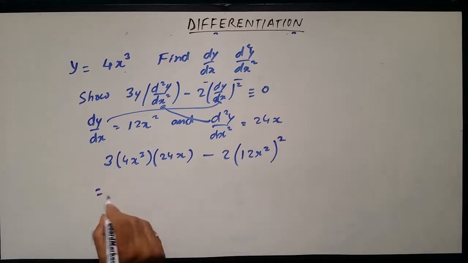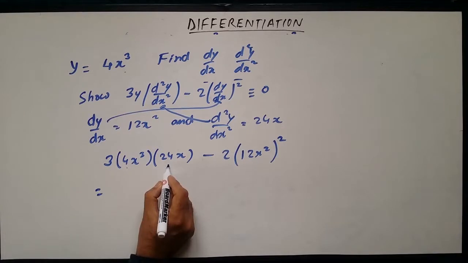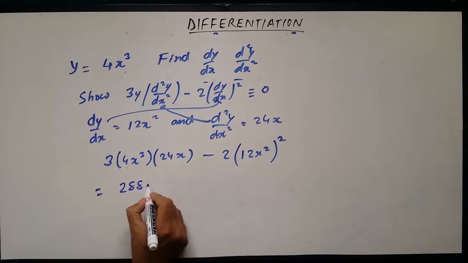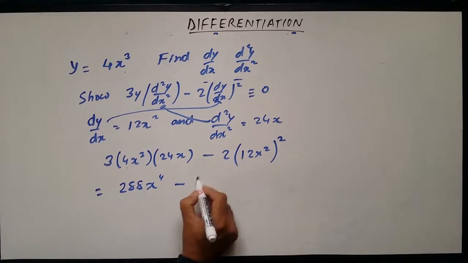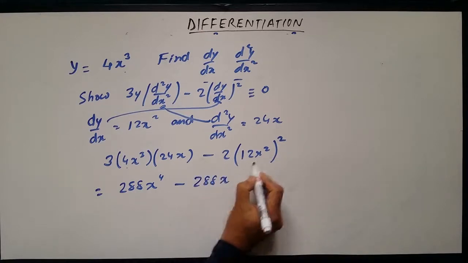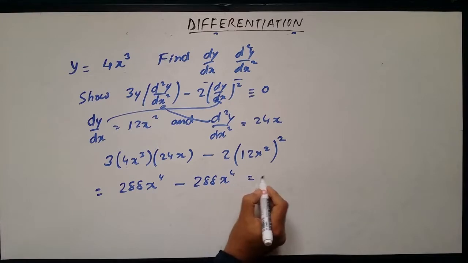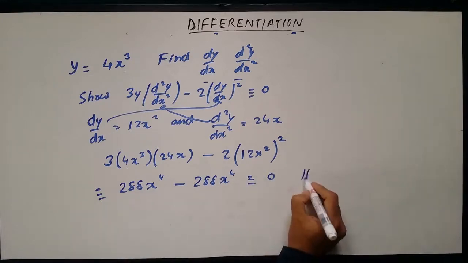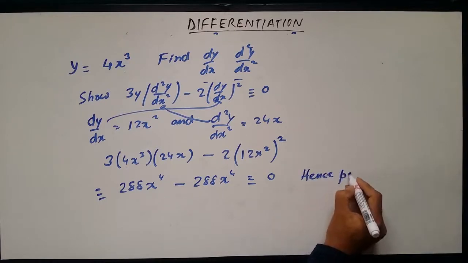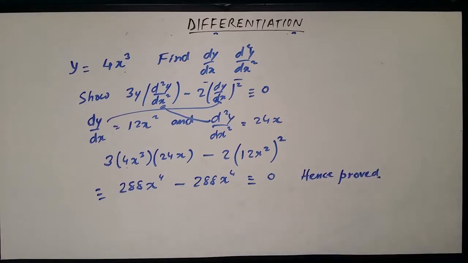Let's see what it is equal to. 3 times 4 is 12, 12 into 24 is 288 x to the power 4. 12 squared is 144, 144 times 2 is again 288, and it is x squared squared, so x to the 4, which is equal to 0. Hence proved.